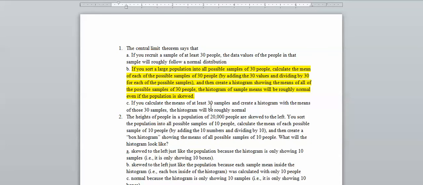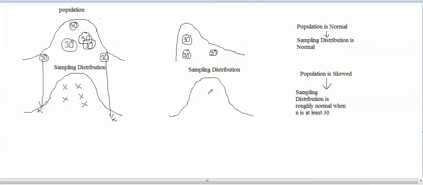So if we went around and got 30 people and calculated the average, and we did it again and calculated the average, and we did it again. If we did this 30 times, we would have 30 sample means because we used 30 different samples. We calculated the mean of each one.